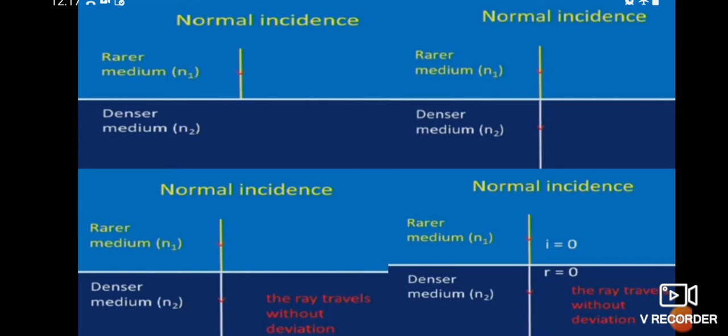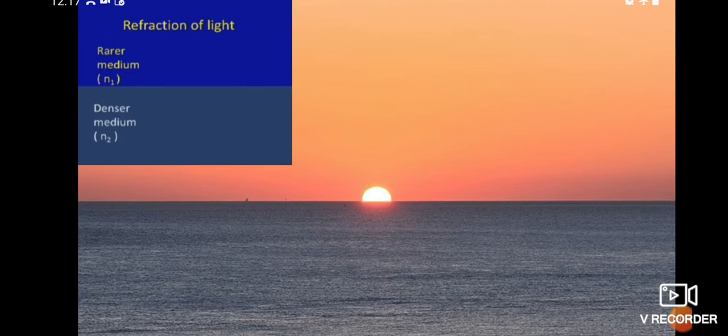And coming to the second case, when the pencil is kept in an inclined way, at that time what is happening, we will see with the ray diagrams. Okay students, here two mediums are there, rarer and denser.